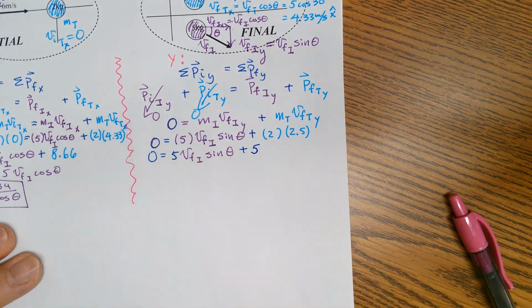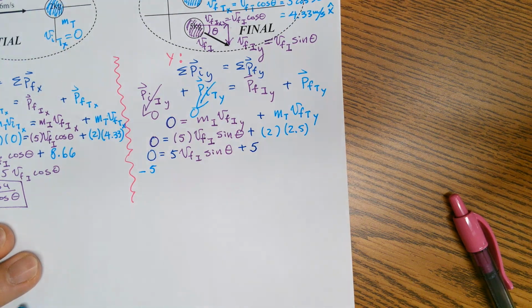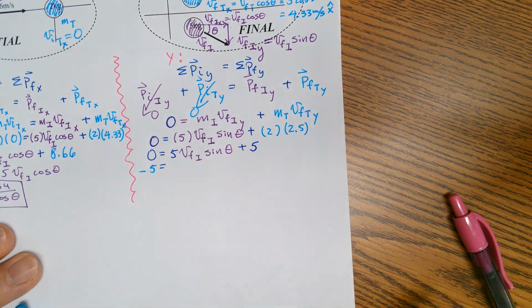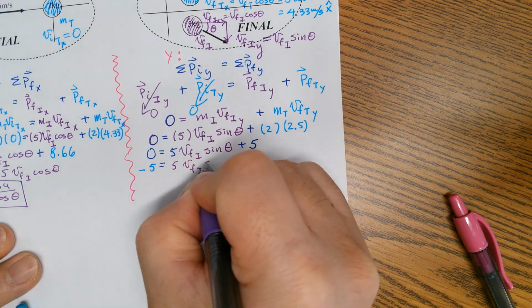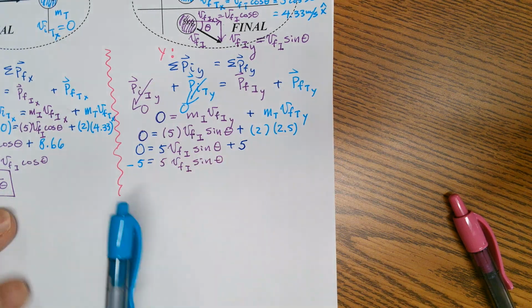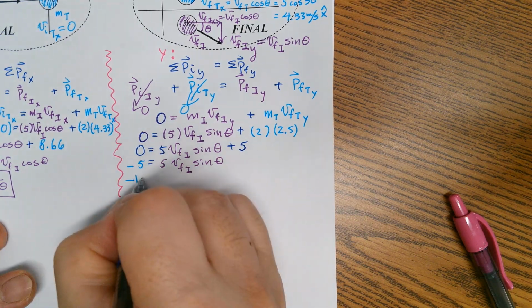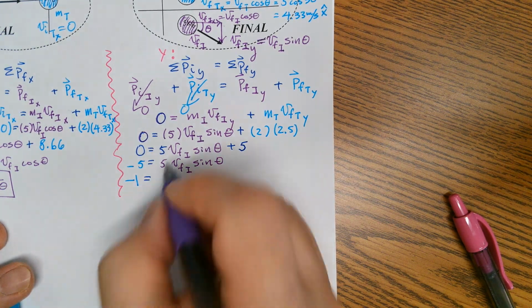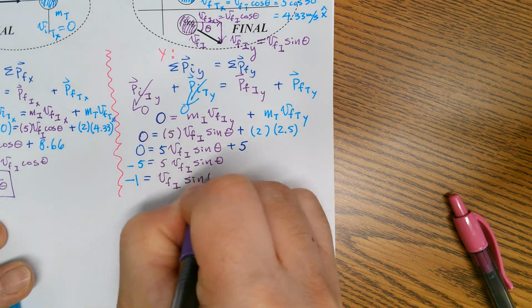If I bring this 5 over, I get negative 5 is equal to 5 VFI sine theta. Divide both sides by 5, and I get negative 1 is equal to VFI sine theta.